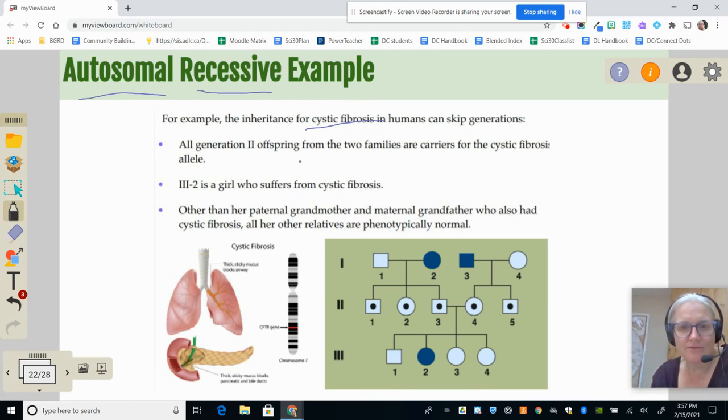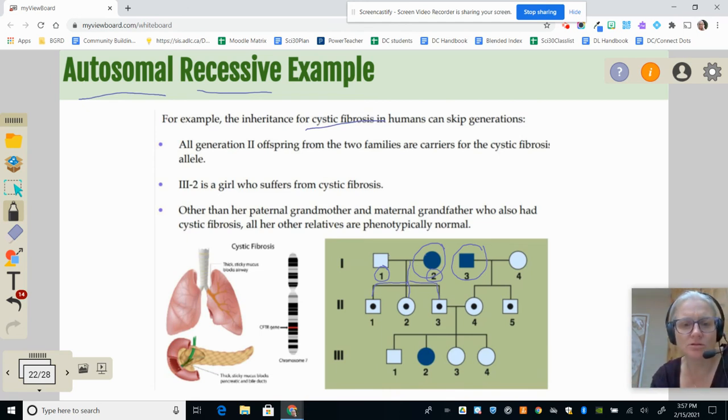So we have a female who has cystic fibrosis and a man over here who has cystic fibrosis. So the parents, I1 and I2 generation: the father does not have cystic fibrosis, but the mother does. They have offspring. None of their offspring actually have cystic fibrosis, but they're all going to be carriers.